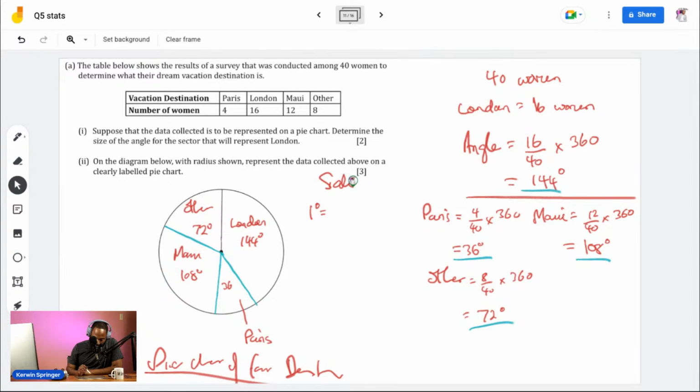You don't need to put this, but 1 degree is 360 divided by 40. Hold on, I have this back to front.